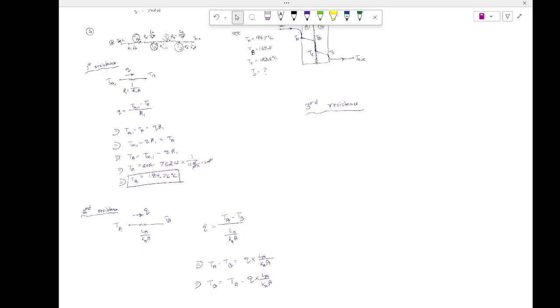The third problem is the parallel resistance, okay? I do have some hints for that. The fourth problem, by the way, you're going to get the contact resistance value from the book.